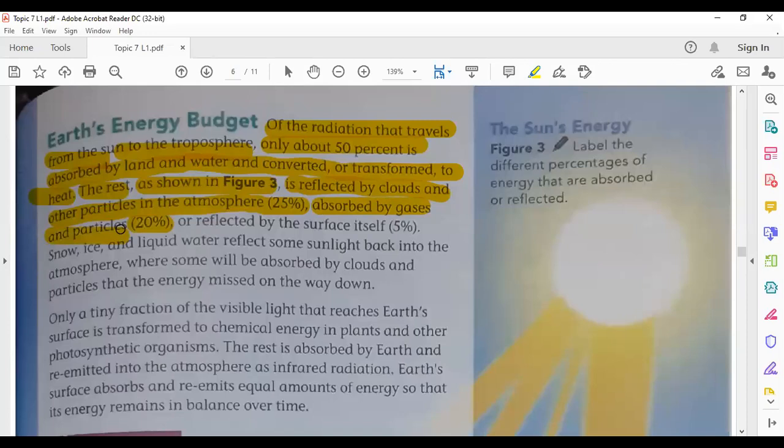Again, of all the radiation, 50% is absorbed by land and water. The other 50% is distributed like this.